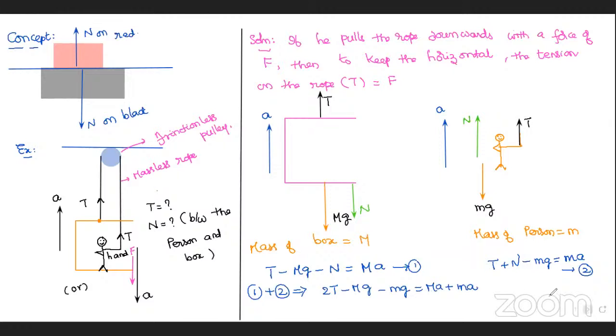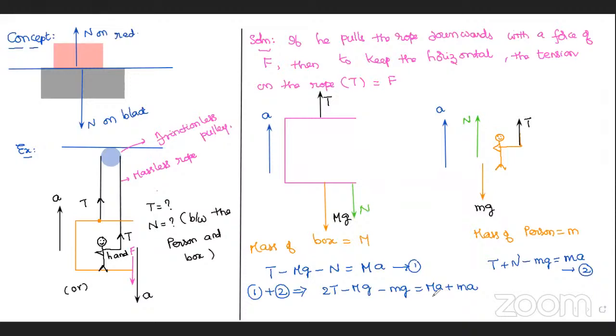So I am getting here on the next page: 2T minus g common, M plus m, is equal to the right hand side, a common, M plus m. Is it correct? Minus g common M plus m, correct? A common M plus m, correct only, I think.